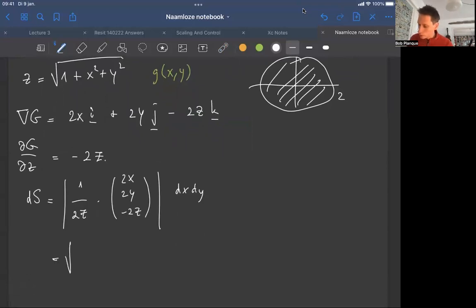So this is the square root of (2x over 2z) squared plus (2y over 2z) squared, and then a plus (minus 2z over 2z) squared.